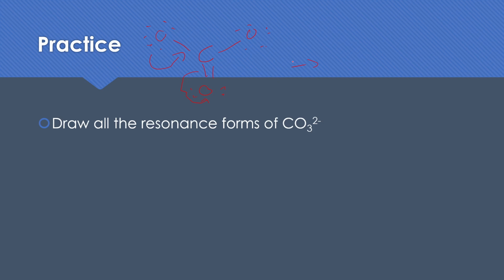Okay, and that can give you carbon with a double bond over here. And then you could conceivably have this guy move in and this guy move out and get carbon double bond over here.